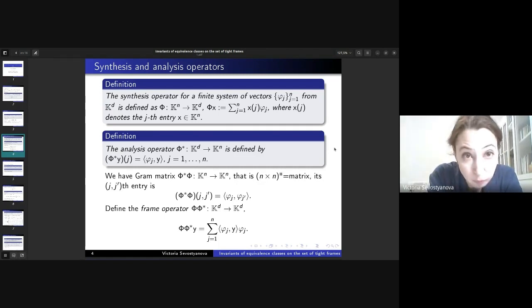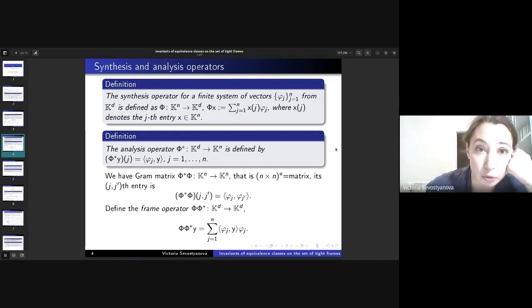If we want to construct a transformation of a vector x in the d-dimensional space, we should multiply the frame phi by the column x. That is the definition of the analysis operator. So we can construct two operators, a Gram matrix operator and a frame operator. Here it is.